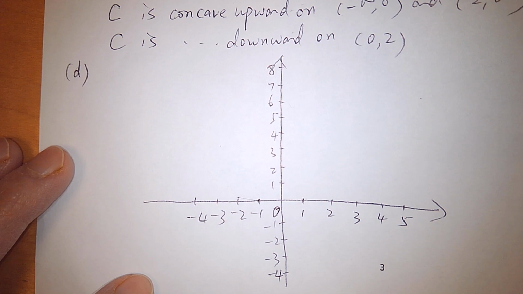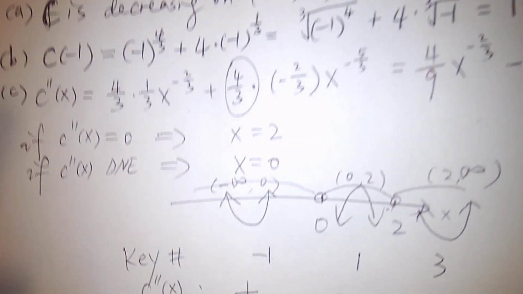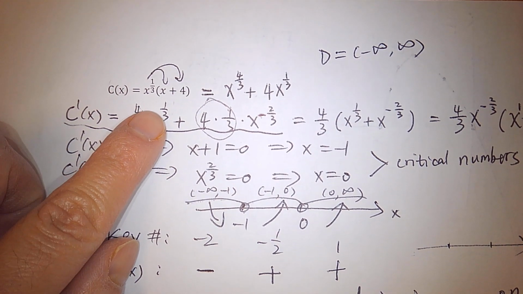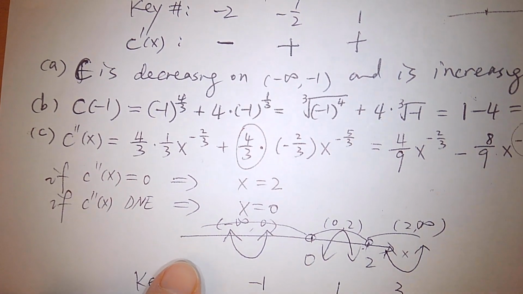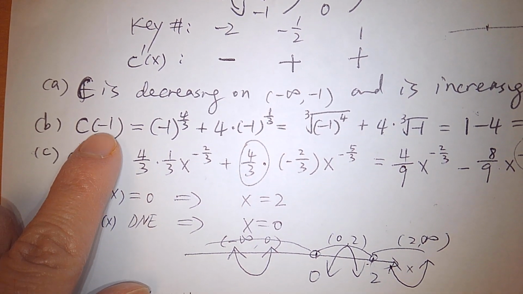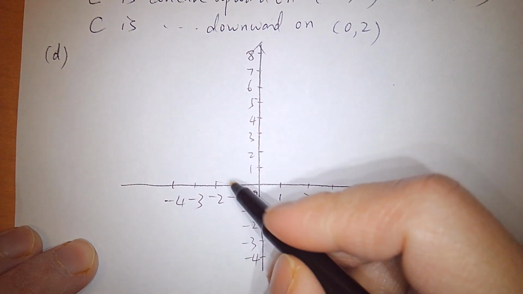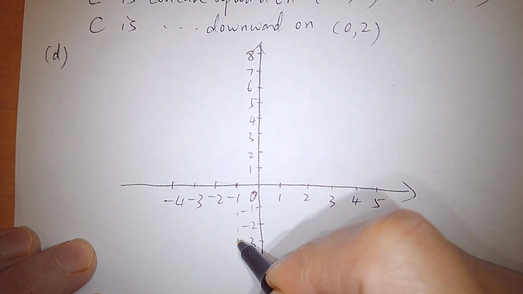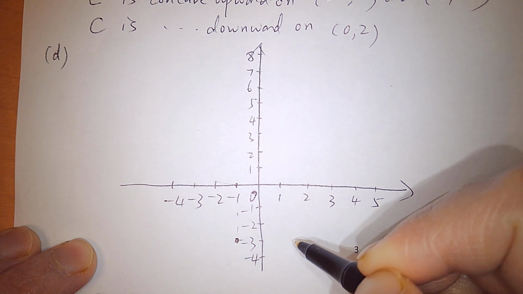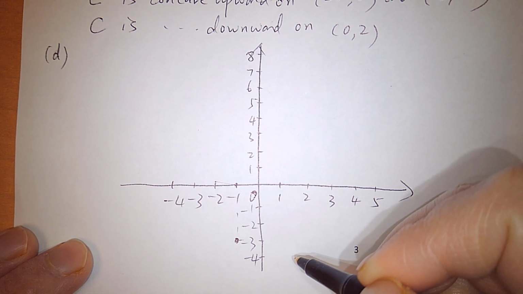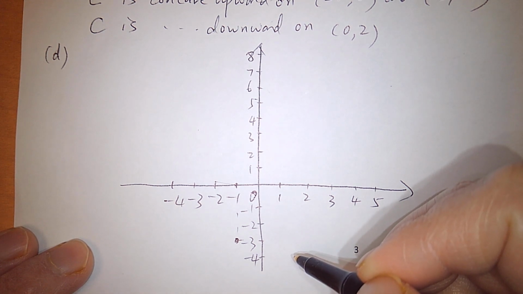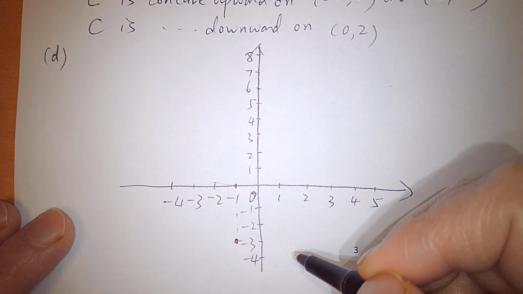What are the key values? We found earlier that at x equals -1, y equals -3, right? So that's one key point, we found it already. Also, we can always think about intercepts. You remember x-intercept and y-intercept.